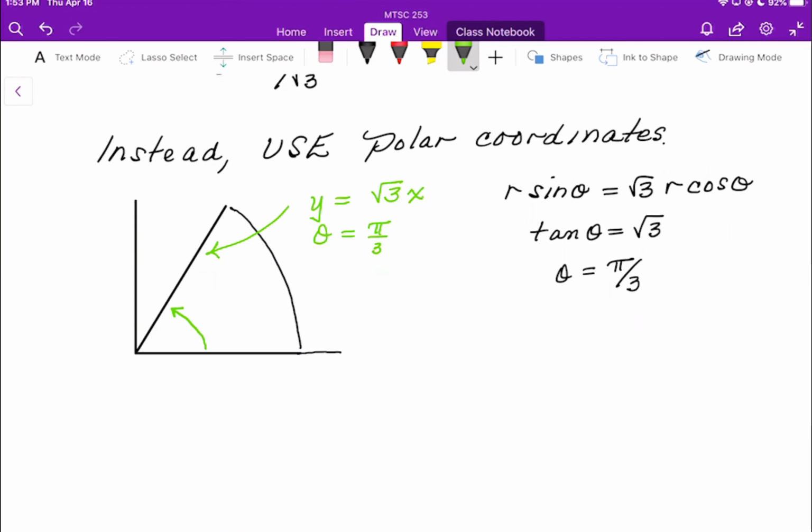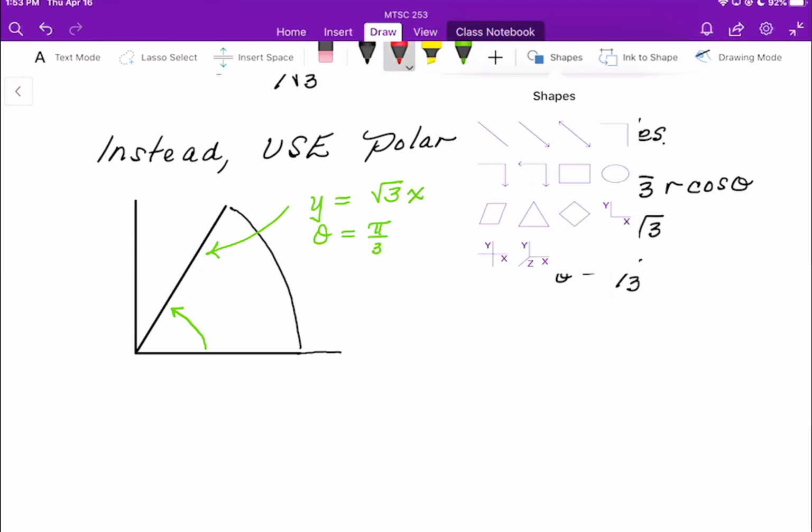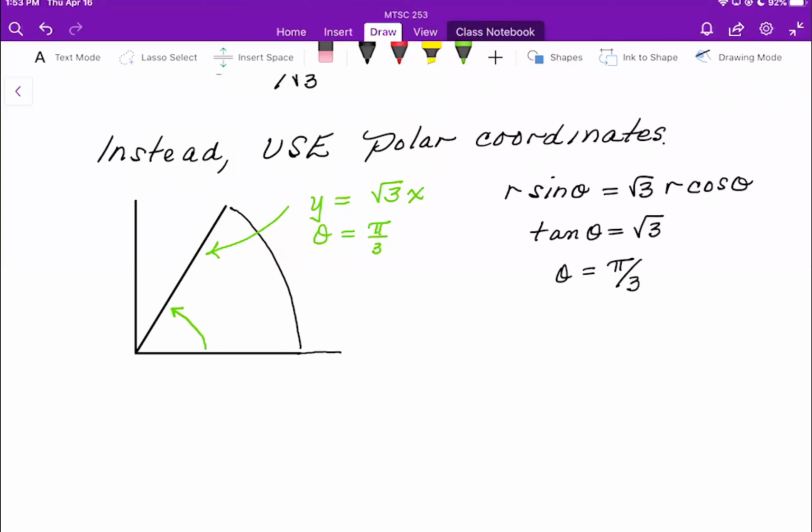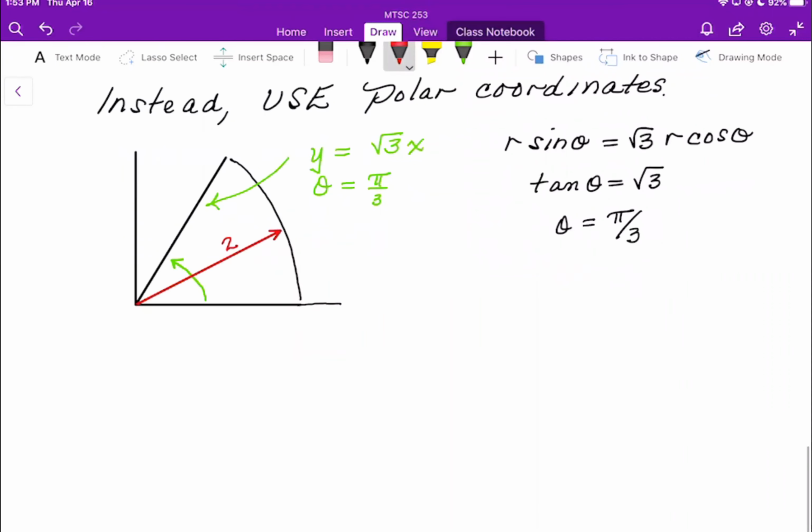And I also know that my radius of this circle is 2. So now this is a fairly easy integral.